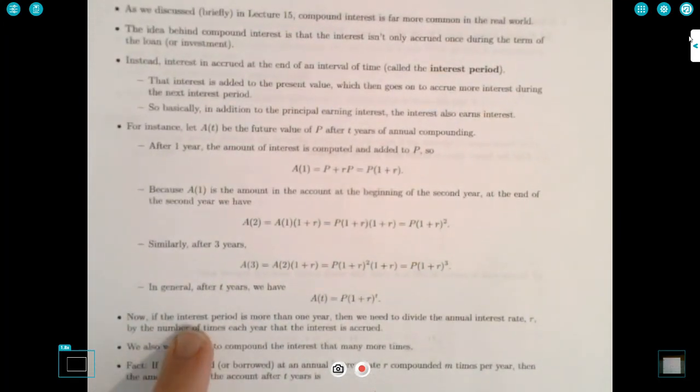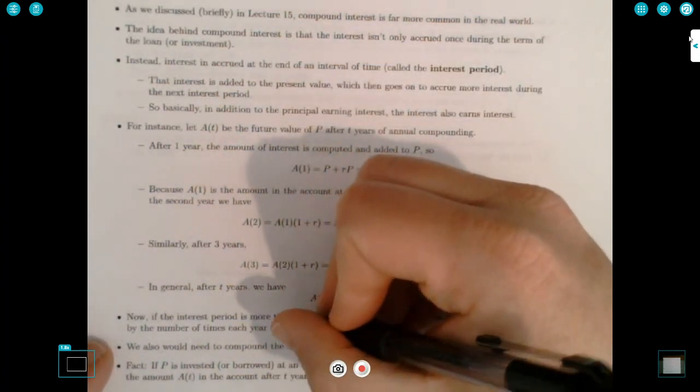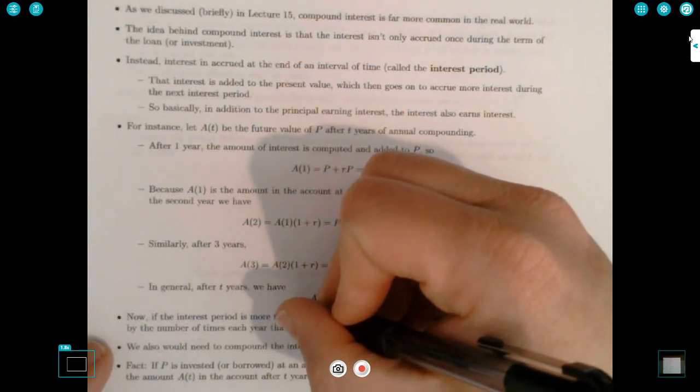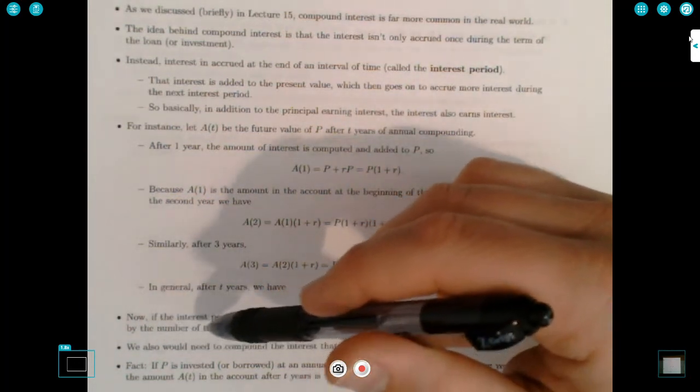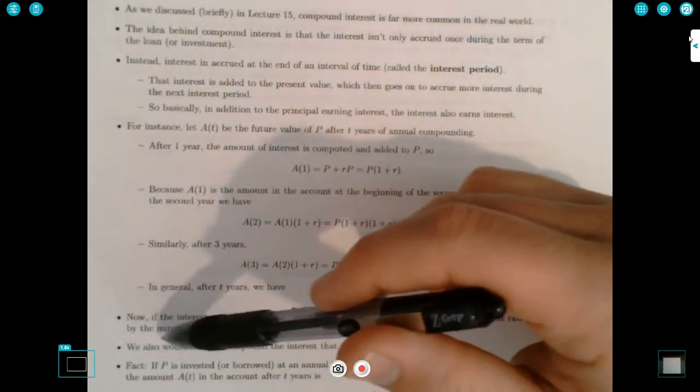Now, if the interest period is more than once per year, which is what I meant to say, then we need to divide the annual interest rate R by the number of times each year that the interest is accrued. We would also need to compound the interest that many more times.